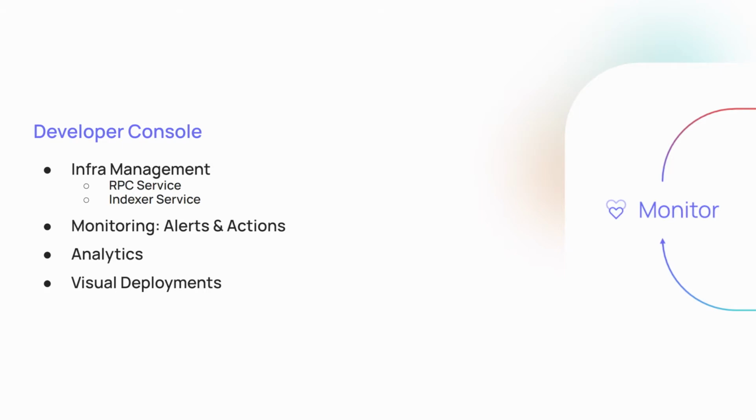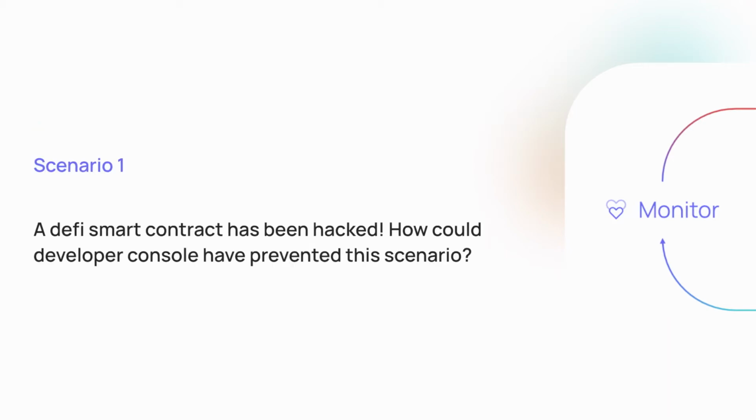So if you have interacted with an NFT marketplace or something that's having to wrangle, filter, and sort a lot of on-chain data, typically you employ an indexer in between there to make that manipulation a little more easy. We're going to make that even easier by just giving you a turnkey indexer service. On the monitoring side, we'll be adding alerts and actions, so you can actually trigger certain functions on your contract if a given condition is met, and then better analytics and visual deployments.